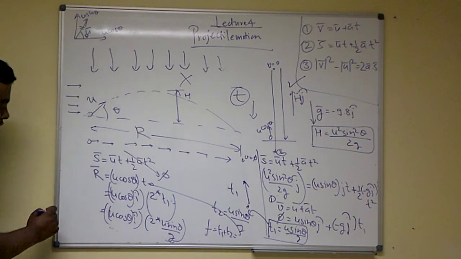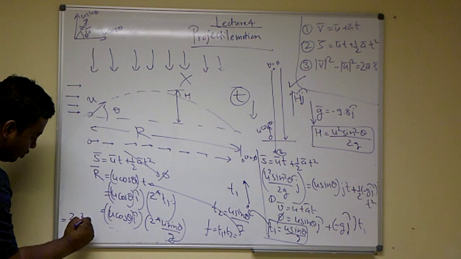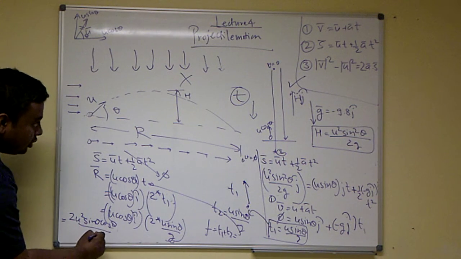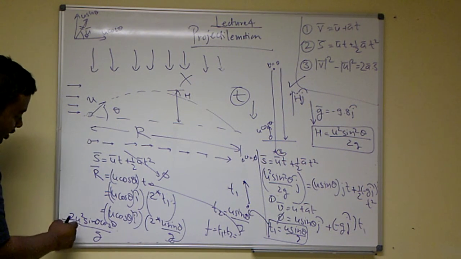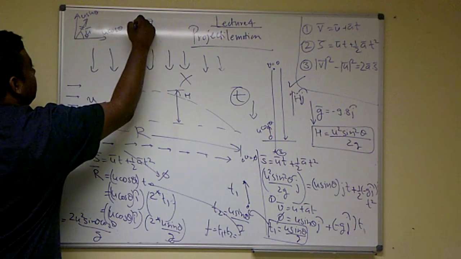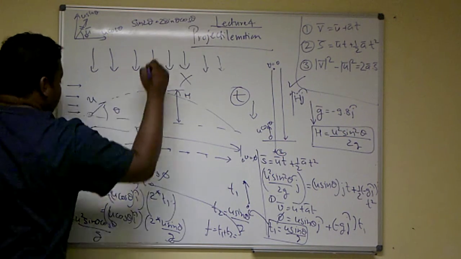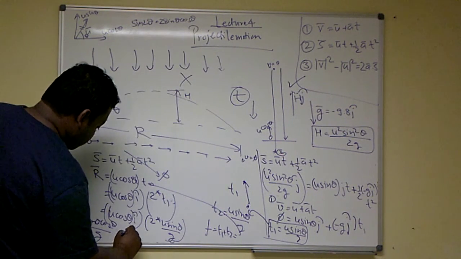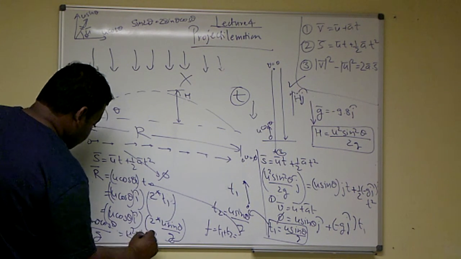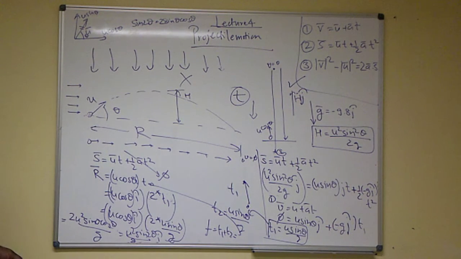So my range will be in the positive x direction, 2u squared sine theta cos theta over g, or we can simplify it, since sine 2 theta is 2 sine theta cos theta, to write it as u squared sine 2 theta over g i cap. That is the range which the projectile is going to cover.